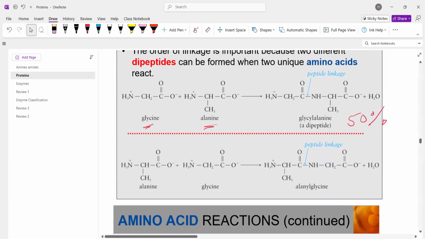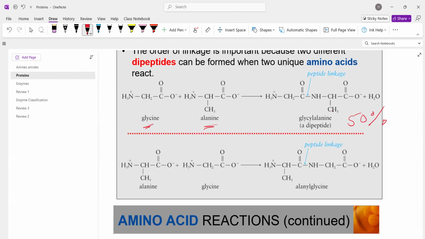Now, in a test tube, if we were to put glycine amino acid along with alanine amino acid, we would end up with a 50% mixture of these two, because it's just by chance which ones hook up together. So statistically, the odds of glycine being on the left versus being on the right are 50-50.